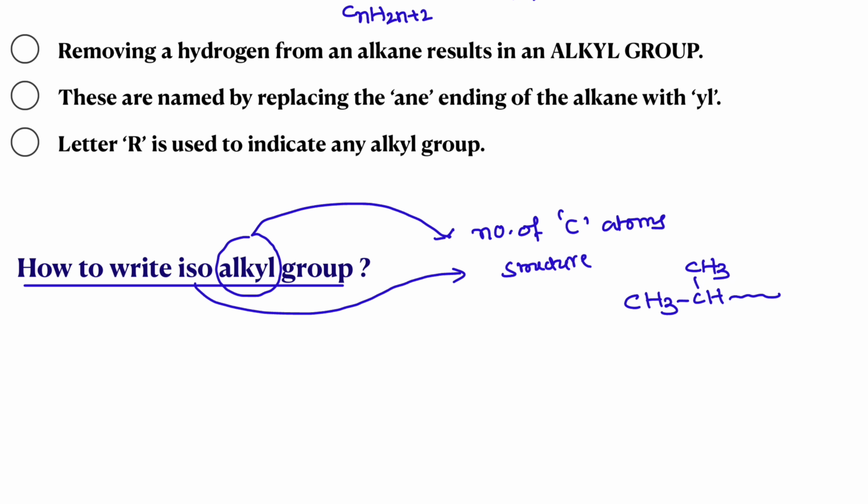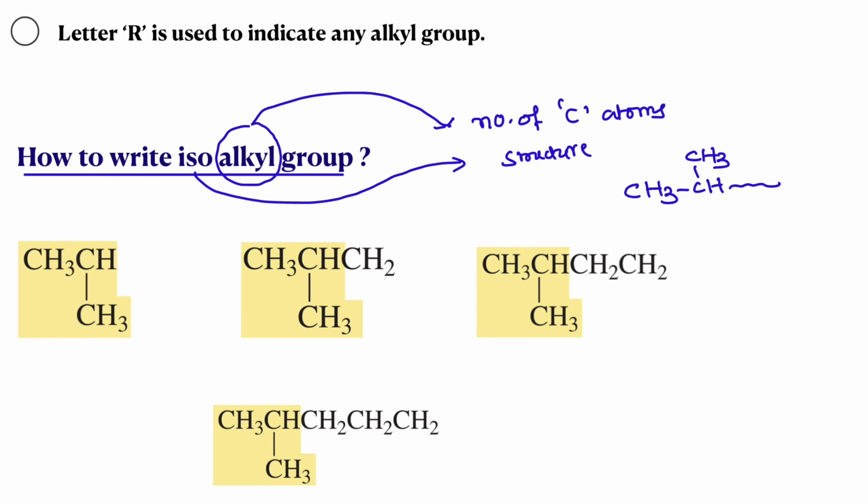For example, if you want to write the isopropyl group, there must be 3 carbon atoms in total and this kind of structure. For isobutyl group, you have this kind of structure, and butyl means there must be 4 carbon atoms, so one more CH2 you have to write. Here there are 3 carbon atoms, CH3, CH, CH3. This is isopropyl. With 4 carbon atoms, it is isobutyl.